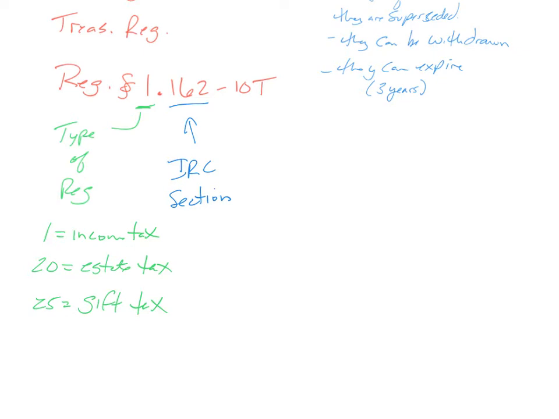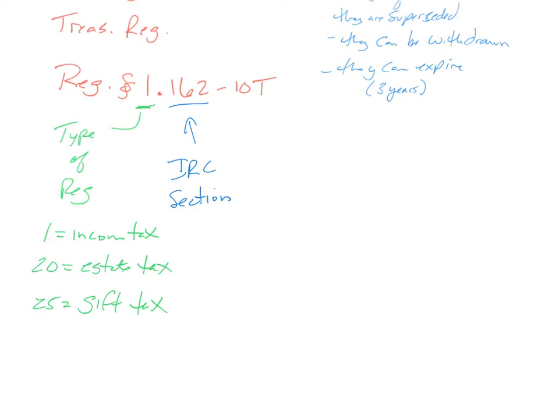And in particular, I know that it deals with Internal Revenue Code Section 162. Now, because I've dealt with the tax code a lot, I happen to know that Internal Revenue Code 162 is related to business deductions, okay? Business expense deductions, all right? So that's the Internal Revenue Code section.